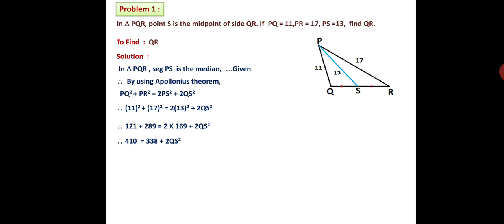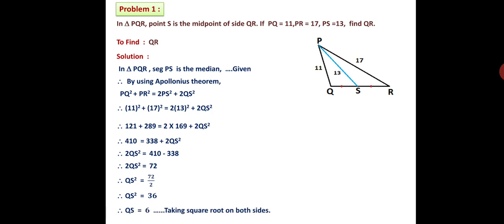338 will take to the left side, it will become minus. Therefore, twice of QS square will be equal to 410 minus 338. Therefore, twice of QS square is equal to 72, the subtraction. Therefore, QS square is equal to 72 upon 2. So after division you are getting QS square is equal to 36. We will take the square root on both sides, you are getting QS is equal to 6.